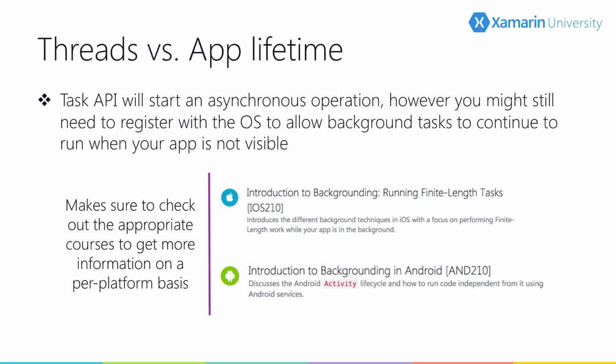If you want to learn more about these restrictions and what to do to get around them, what is possible and what not, please have a look at our classes iOS 210 and Android 210, where we discuss backgrounding for these platforms. Just so much for now. Creating a thread and running that thread will not allow you to execute anything in the background. If you're running a thread on iOS and you go back to the home screen of your iOS device, that thread will immediately stop all execution together with your entire process.